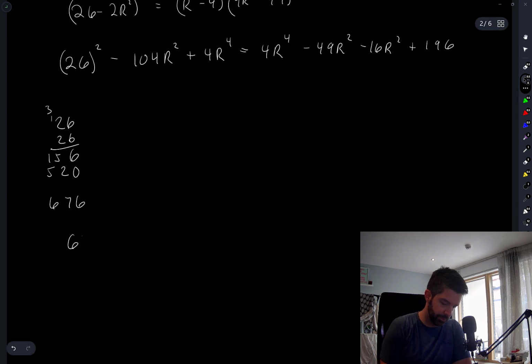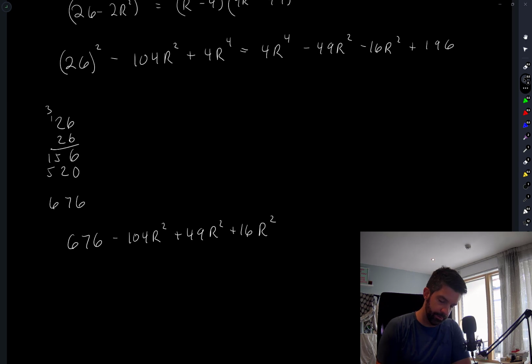So I've got 676 minus 104 r squared plus 49 r squared plus 16 r squared minus 196 is equal to 0.